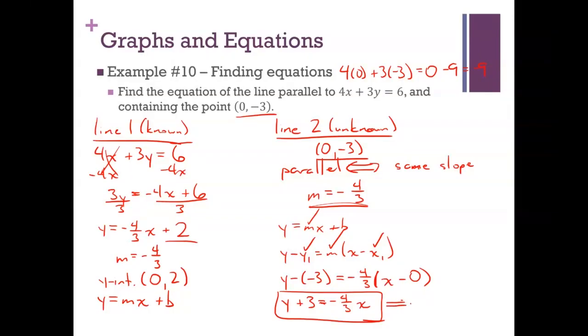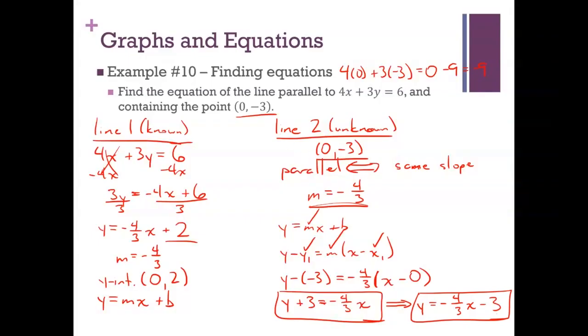But what happens if we isolate y? What would that be? If we subtract 3 from both sides, we'll get -4/3 x minus 3.